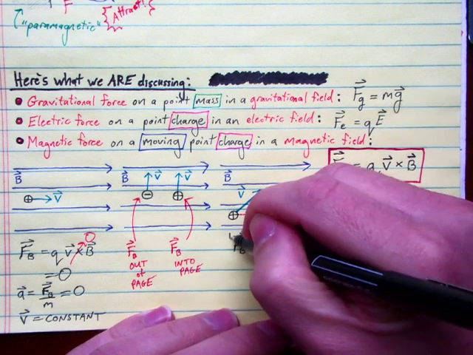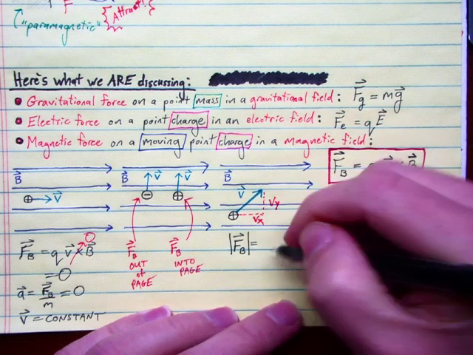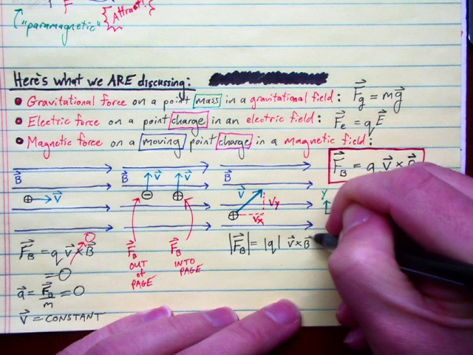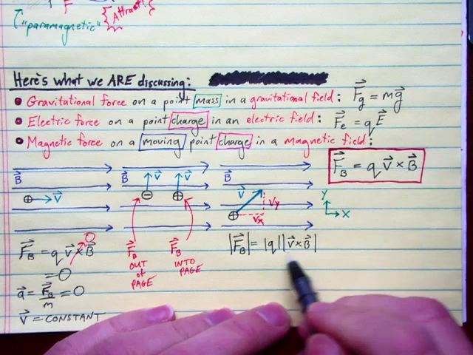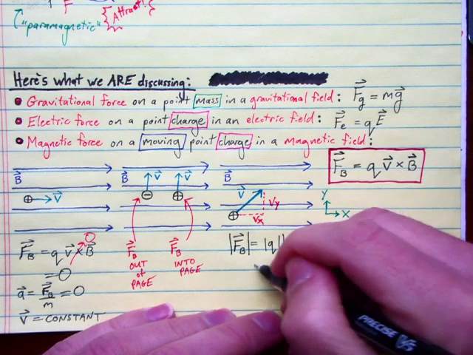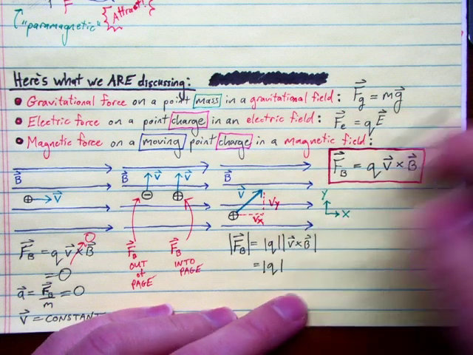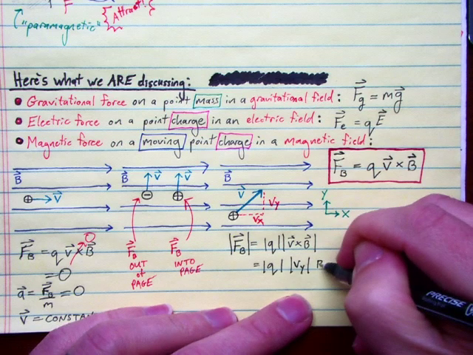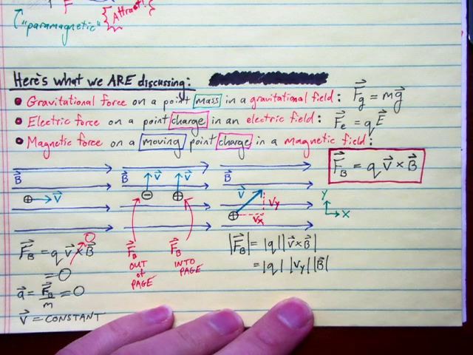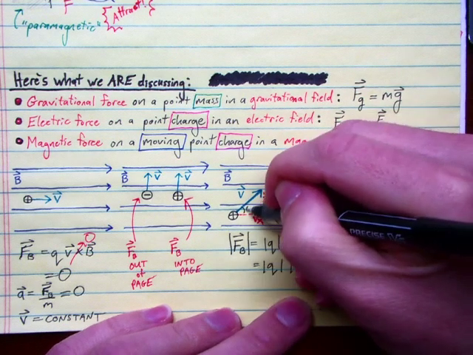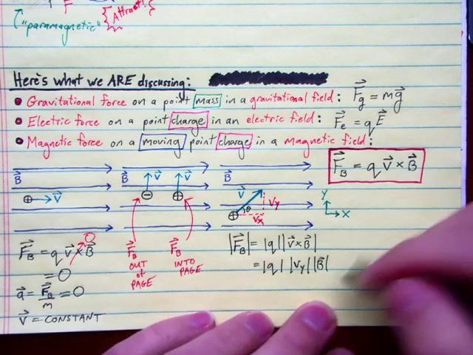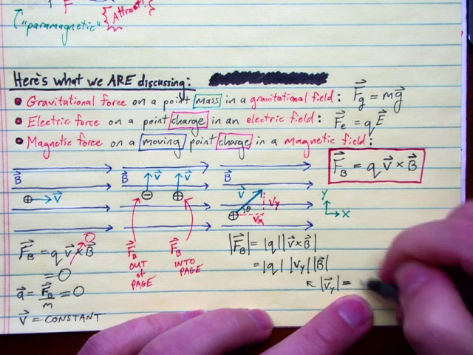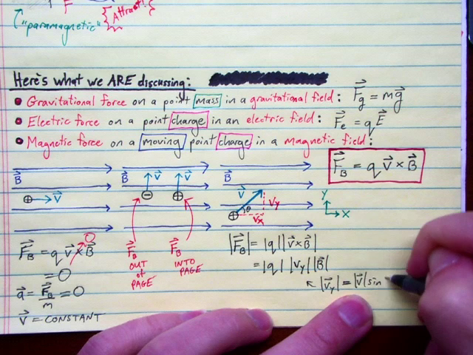Let's see here. I guess the magnitude of our magnetic force would be the magnitude of Q times the magnitude of V cross B. Here we want the product of the perpendicular parts. So that would be Vy times the magnitude of B. We could also express that if we call this angle theta right here, we'd be noting that Vy is V sine theta.